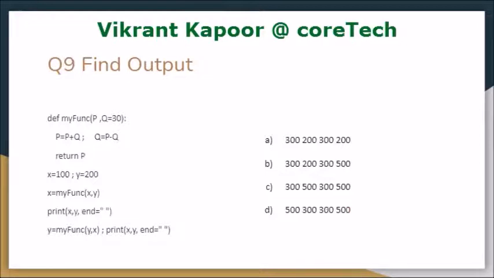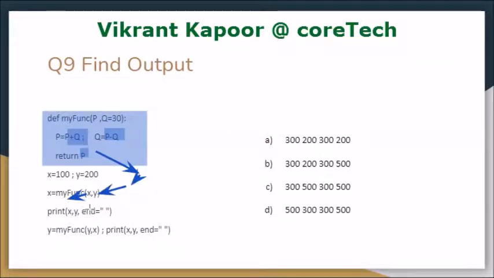Let's see the ninth question in the same row. The function is once again having the second variable as a default argument. After the calculation, that is addition of P plus Q and P minus Q, the values of P and Q will be changed. The P's value will be returned and the returned value will be updated in the variable X. Now when I'm going to print X, the values of X and Y in this case should be 300 and 200.